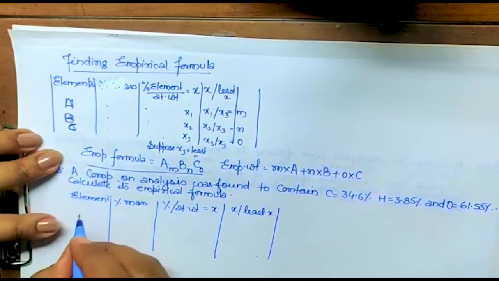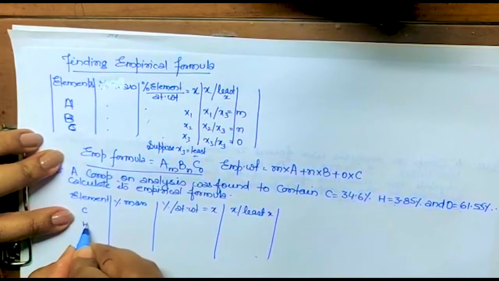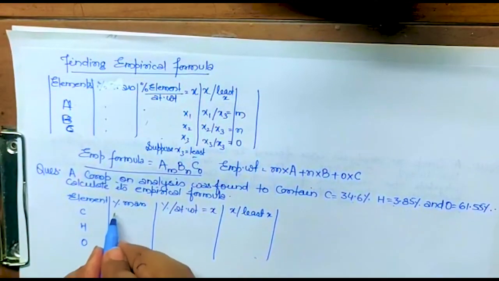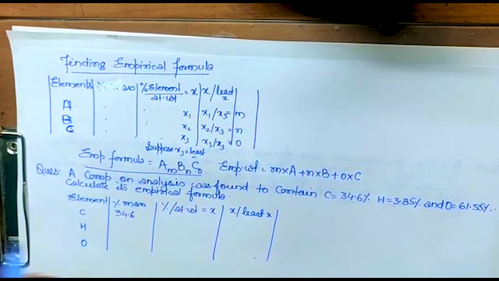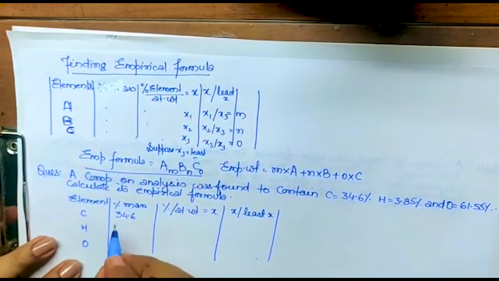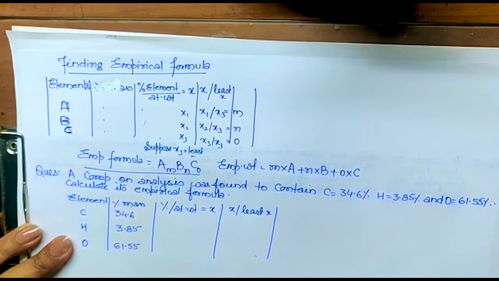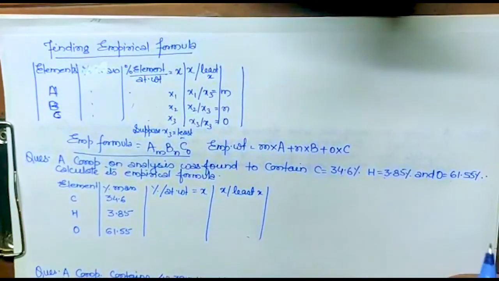So let's see: carbon, hydrogen, and oxygen. What is the percentage of carbon? 34.6. Hydrogen is 3.85 and oxygen is 61.55.